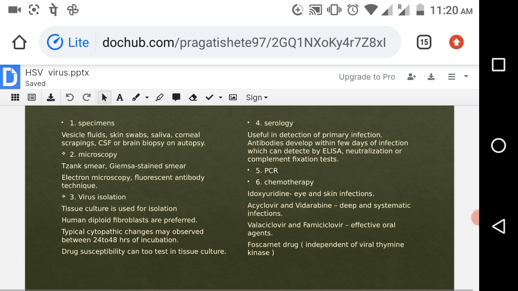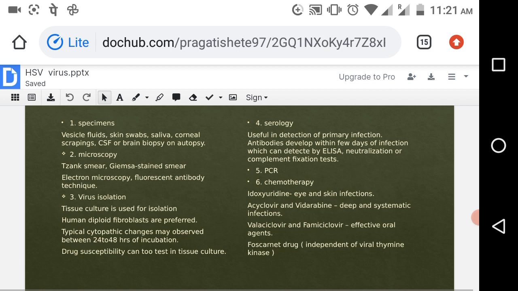And if these drugs become resistant for that virus infection, then again we can use a more effective drug, which is called foscarnet, which is independent of the viral thymidine kinase.